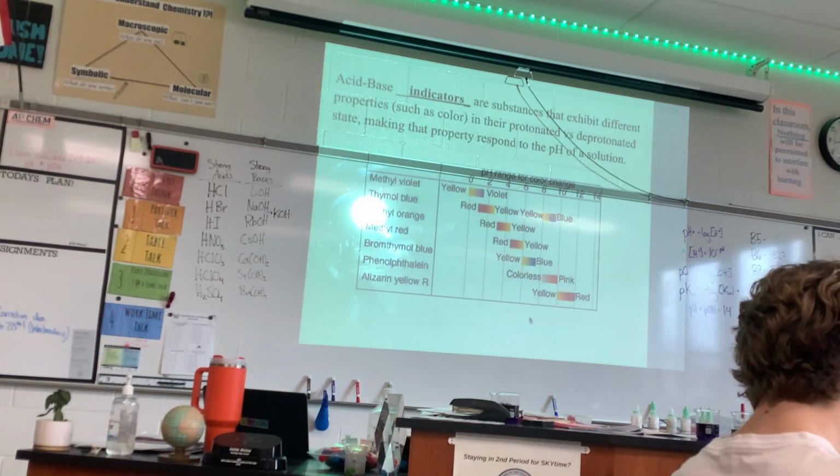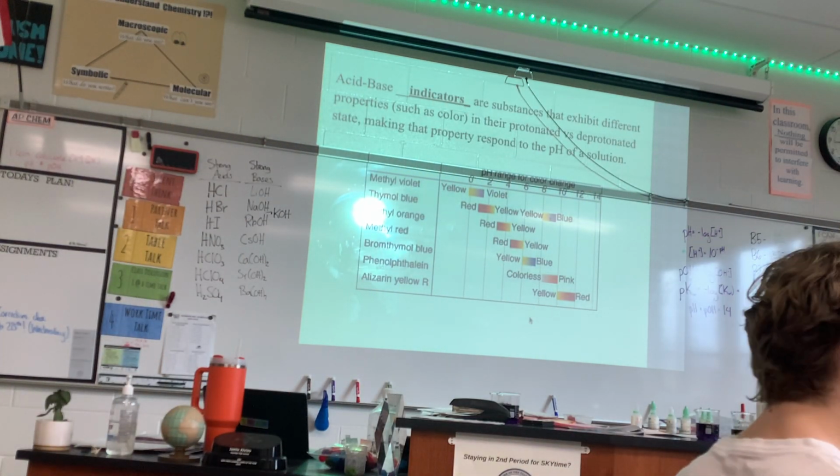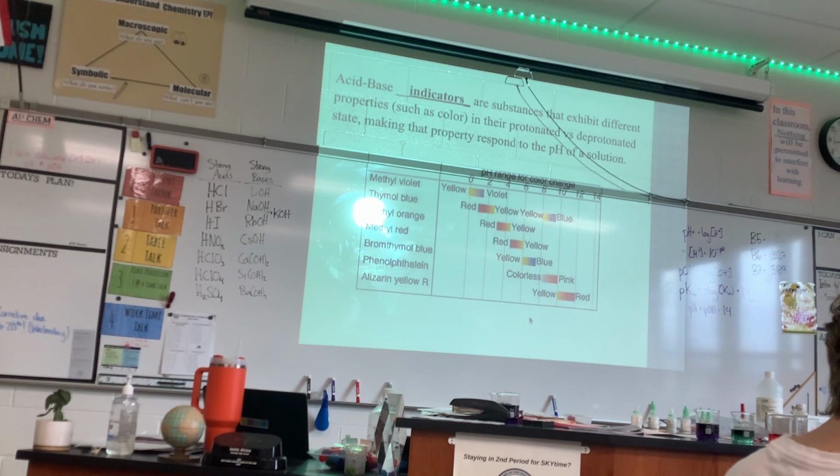The indicator is a chemical itself, and that chemical, depending on the amount of H's in there, can change colors, which is crazy. That's the only answer I have. So pH strips work the same idea, where the indicator's just painted onto the strip. Same concept.